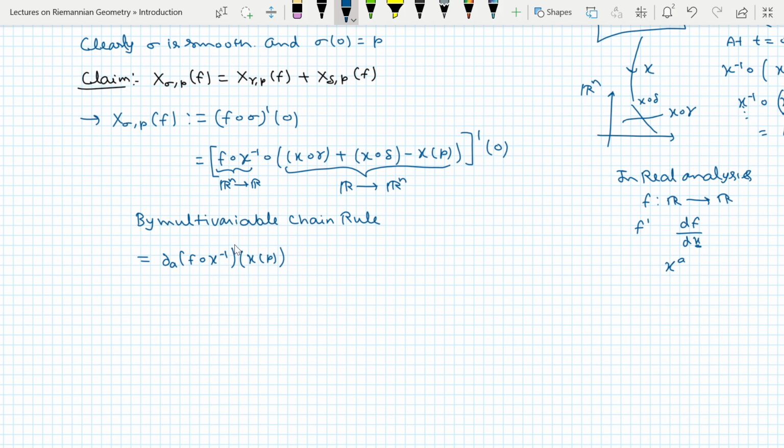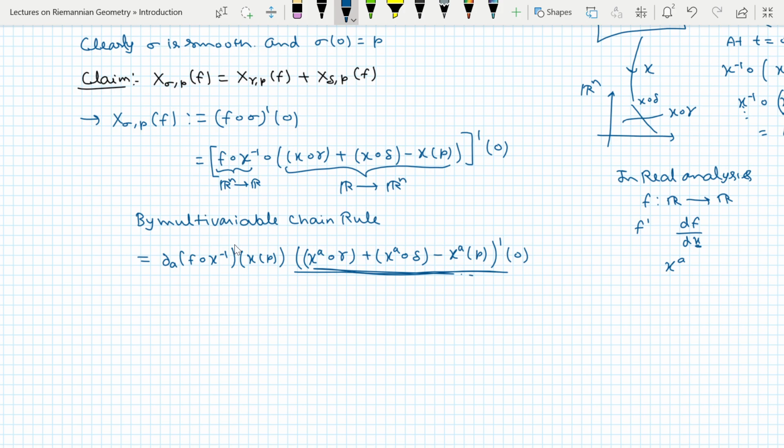And then this other function, you differentiate this thing also, and you take the ath component, xa composed with gamma plus xa composed with delta minus xa of p. Okay, and you take the derivative of this.